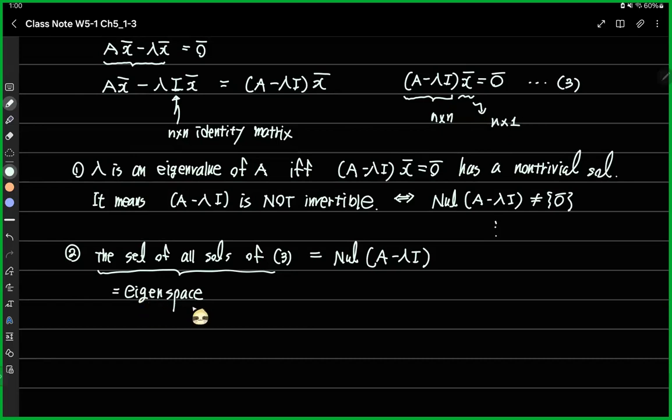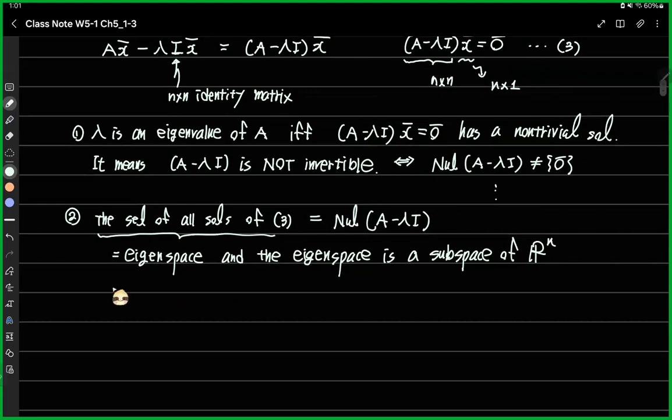The eigenspace, the set of all solutions x bar, is a subspace of R^n. This eigenspace consists of all solutions x bar, including 0, right?